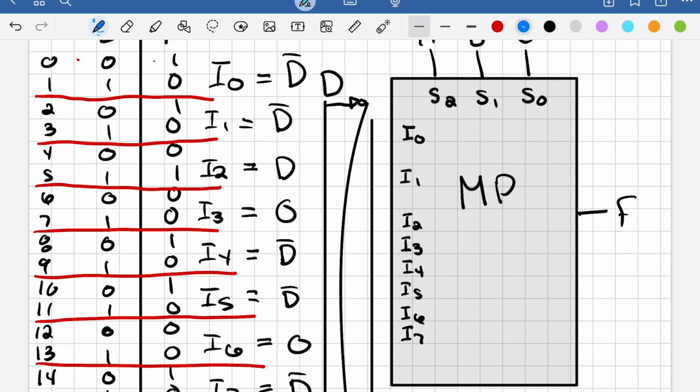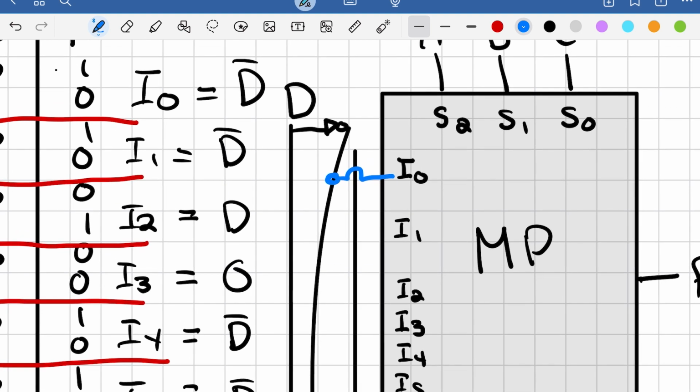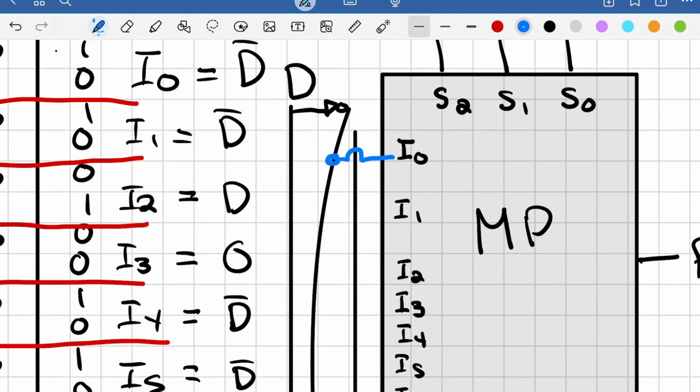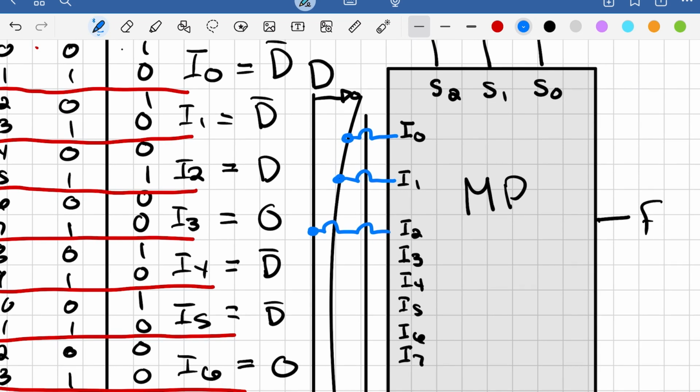Okay, I'm going to use a different color just so it's clear. So we said our I0 is equal to D prime. Our I1 is also D prime. So take this, jump over, through. I2 is D. This is D. Our I3 is 0, so our ground.